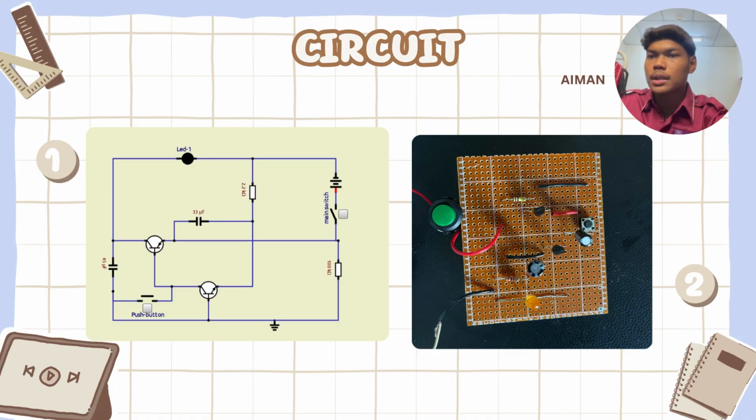When the push button is pressed, it activates the transistor, turning the LED on. After releasing the button, the charged capacitor keeps the transistor conducting briefly, allowing the LED to stay on for a short time before gradually turning off as the capacitor discharges.